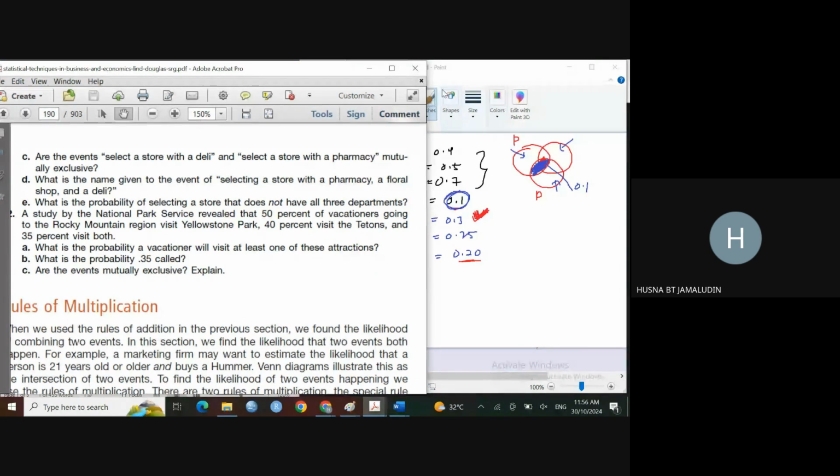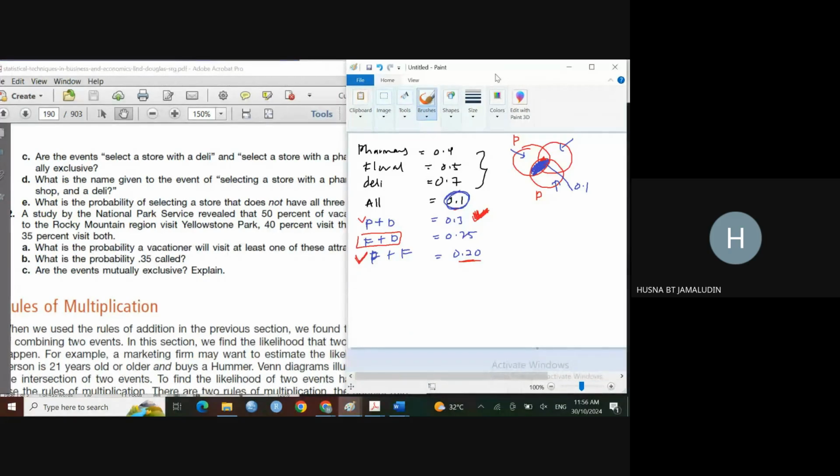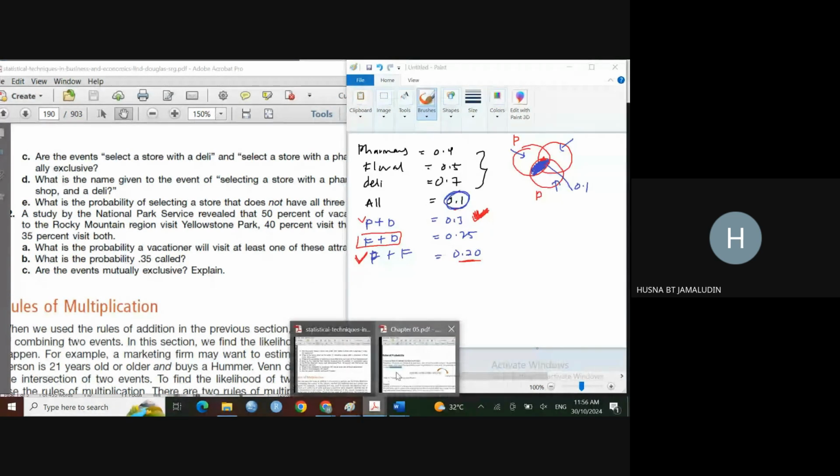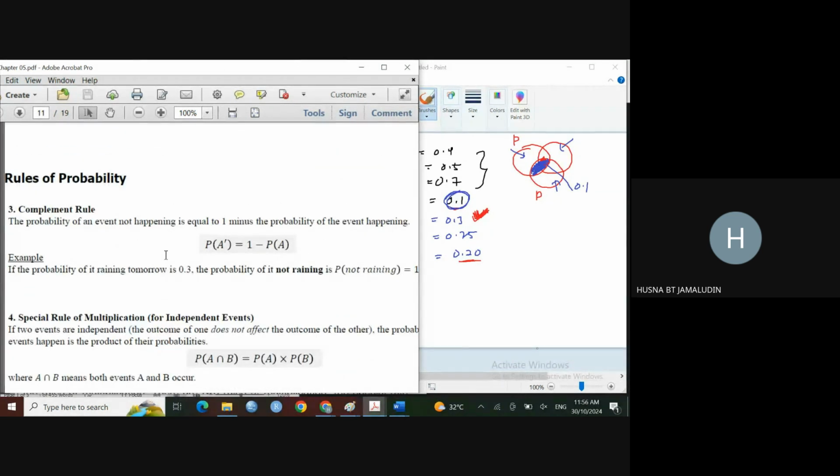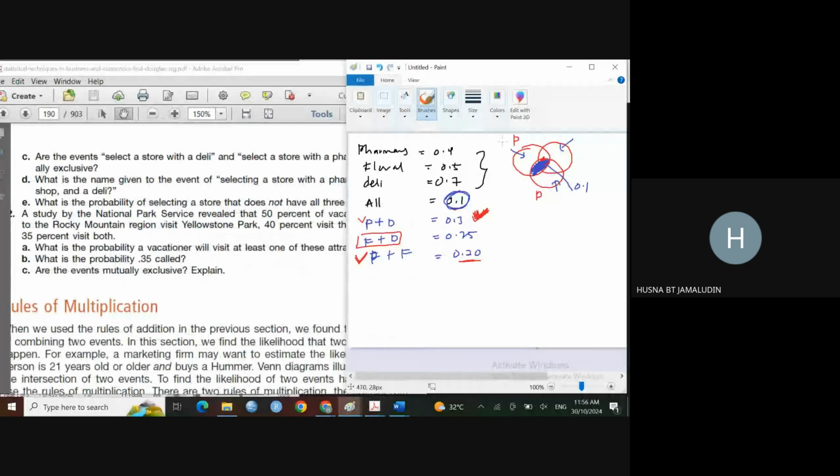What do you call this? Complement rule. So basically, this is what you call A prime.